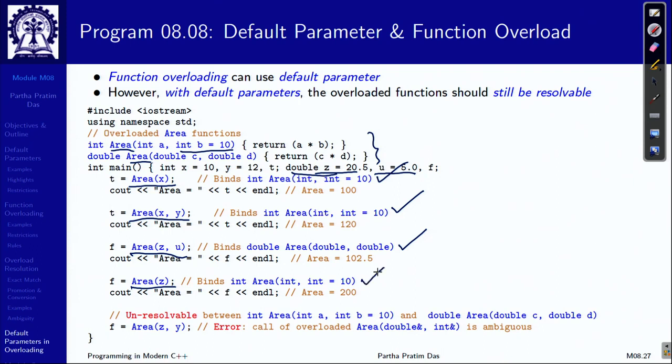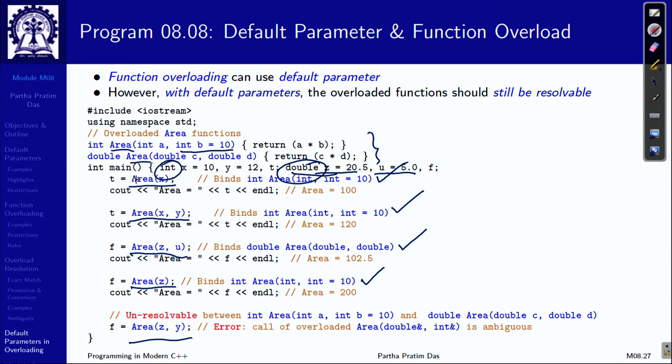Now, suppose you call it with area Z y, where Z is double and y is int, double and int. 2 parameters, so both of them are viable. And you see, if you want to find the exact match in the first, then the first parameter needs a conversion, the second parameter is an exact match.